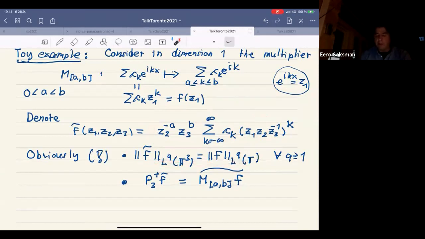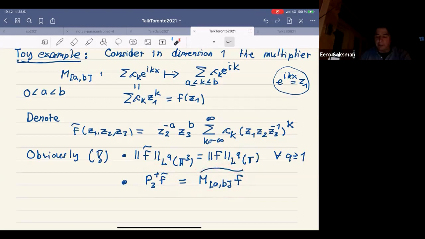In the same way, just from the definition of the projection, you see that actually this 3-dimensional Riesz transform acting on this is exactly the tilde of the thing.